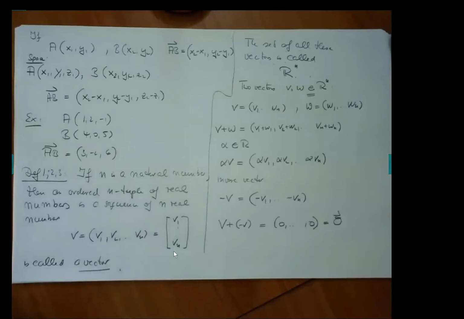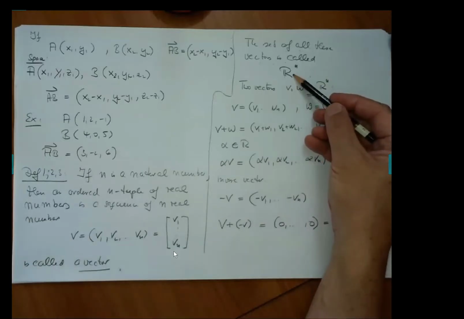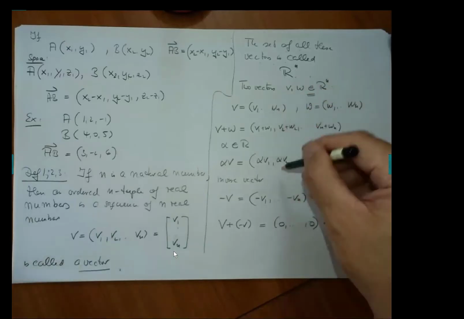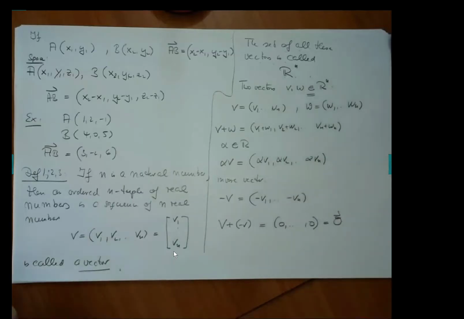Okay, so we have now the collection of all vectors, which we call Rn. So this is what we call later a vector space. We know how to add them, multiply by numbers, there's an inverse, and there's a special vector 0. And now we write down the properties of this vector space. And they're exactly what we have seen in chapter 1.